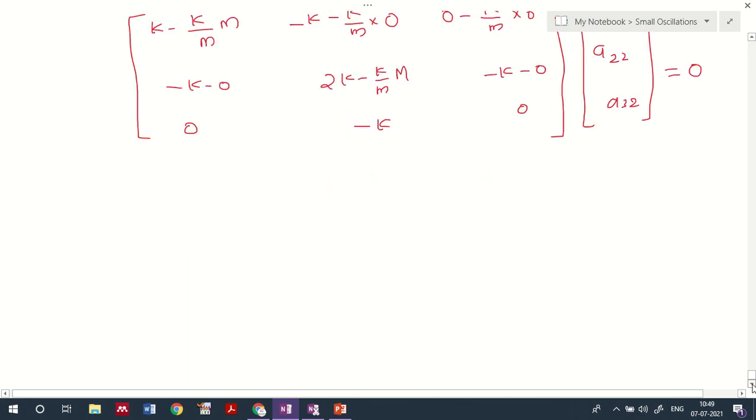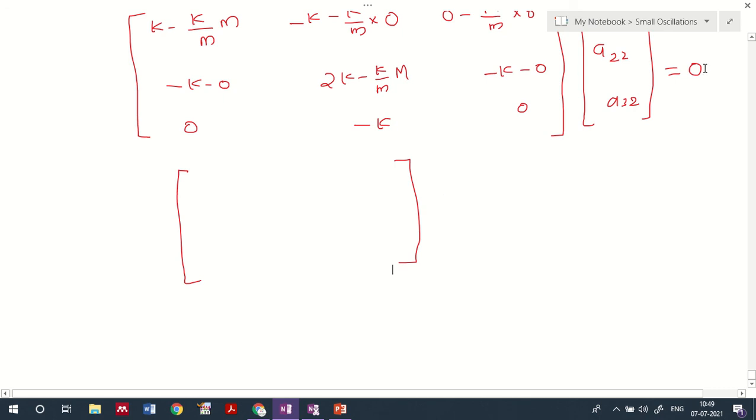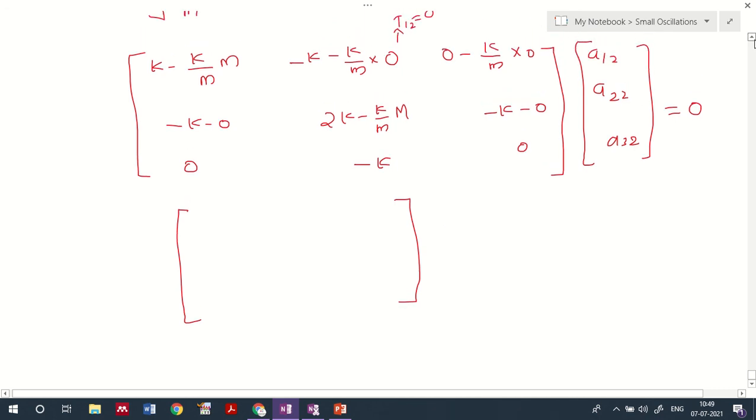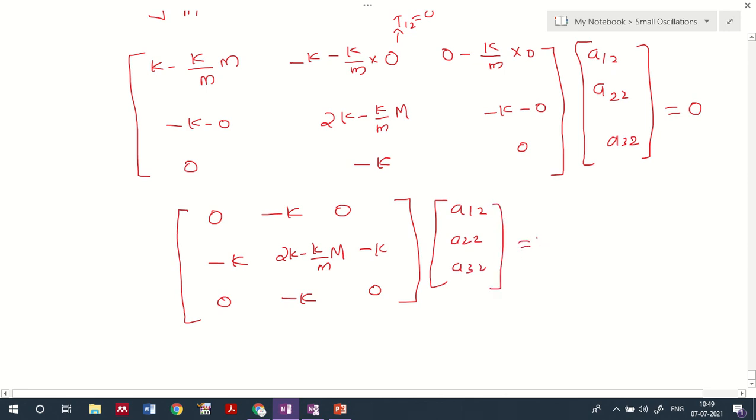Now if you expand this equation representation, the matrix will be reduced to this form: 0 minus k 0, minus k 2k minus k by m capital M minus k, and 0 minus k 0, into a12, a22, then a32, which is equal to 0.